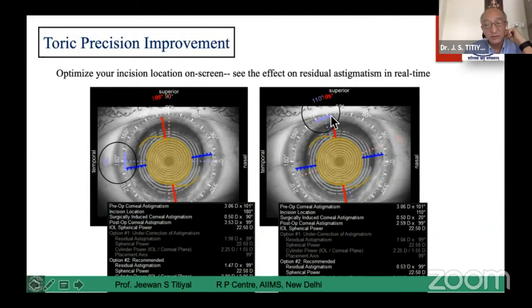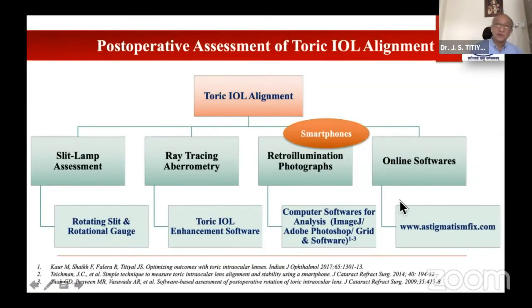But if you shift your incision superiorly, the IOL placement changes a little bit as per the new calculation by the toric calculator. Pre-op, it gives you the whole aberration profile and suitability for toric IOLs. If you use the toric calculator, it gives you the power as well as the axis of implantation, and also helps you in getting a new axis as per your physical mark on the limbus in these cases.